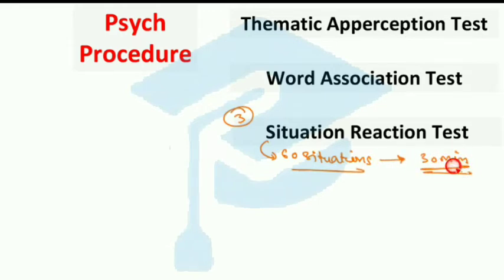You will be given all 60 situations at once on a sheet of paper, and then one by one, you will be attempting those on your answer sheets. Clear? So, by and large, in this test, to write your response in those situations, approximately it comes out to be 30 seconds per situation. Next.